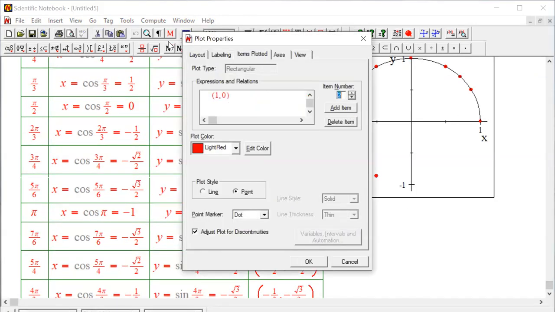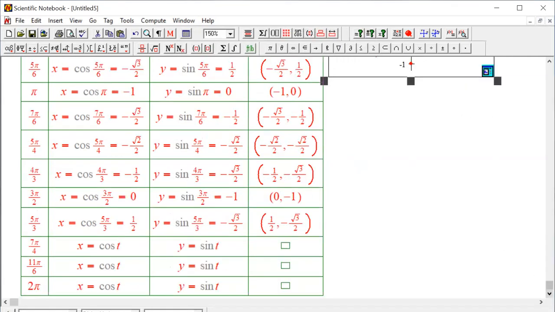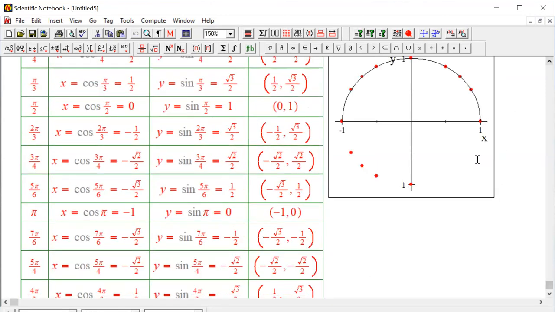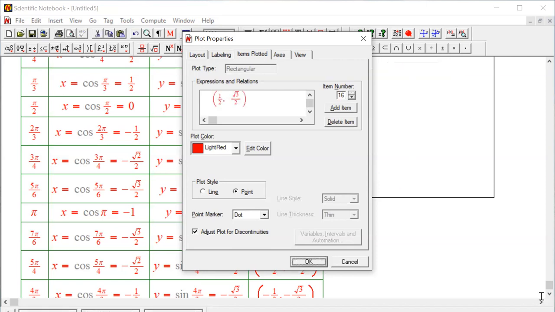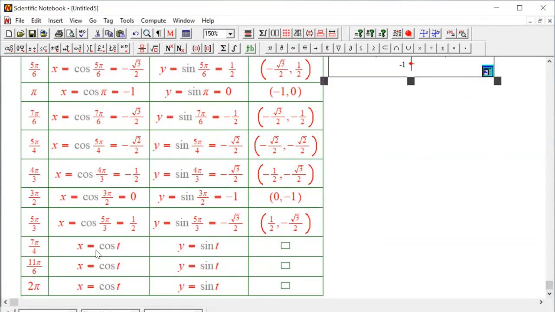For 5 pi over 3, the point is right there: a half, and -√3 over 2. Just a few more points. We're almost there, 7 pi over 4.